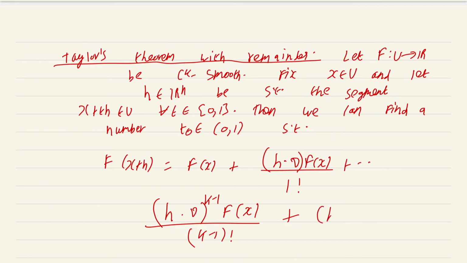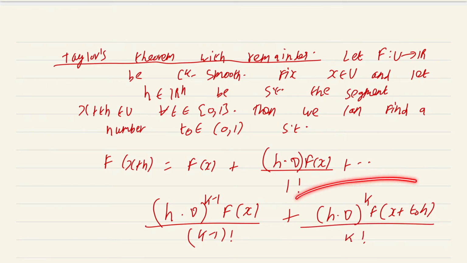This is nothing but (h·grad)^k of f(x + t_0 h) divided by k factorial. So this is going to be the remainder term.